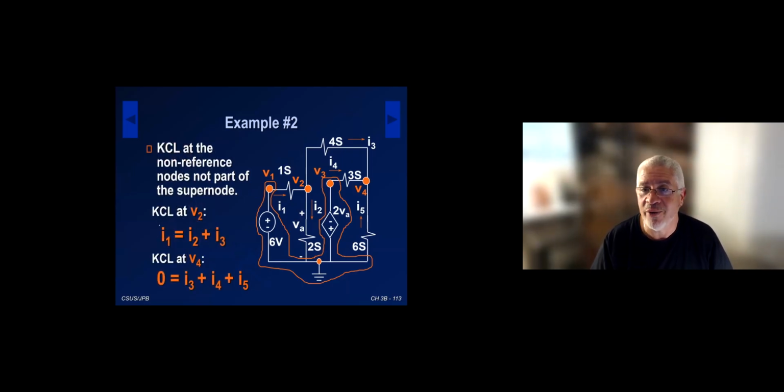Current coming in equals current coming out. So I1 coming in, I3 and I2 leaving. And we do KCL at node V4, with I2 coming in, I5 coming in, and I3 coming in, so all of them sum up to 0. Again, no KCL about the supernode, because this is a case where the reference node is inside the supernode.